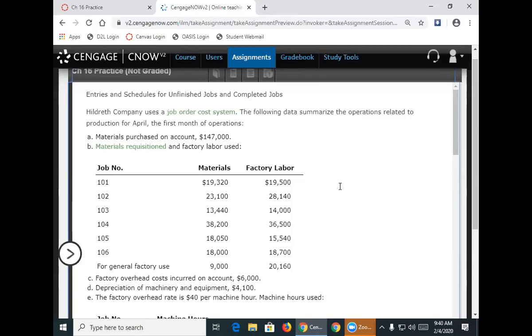So we'll have direct materials, we have direct labor, right? Okay, so when I look at this, what do I need to debit to work in process for materials?